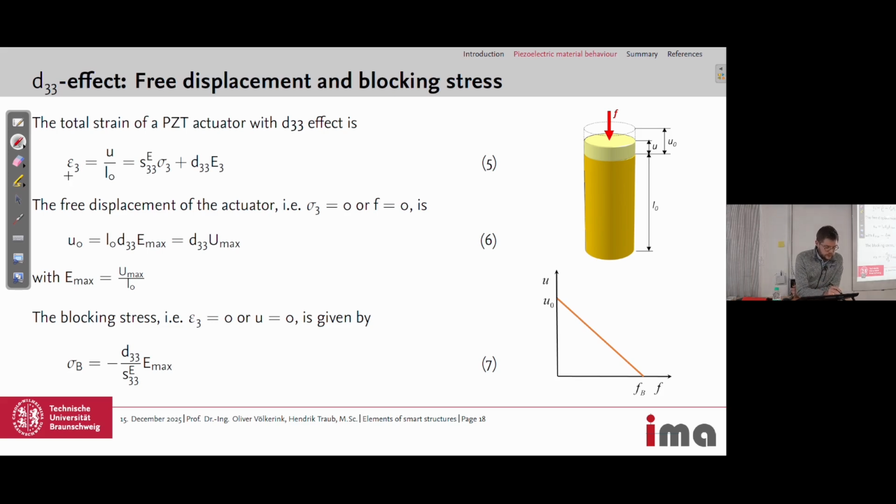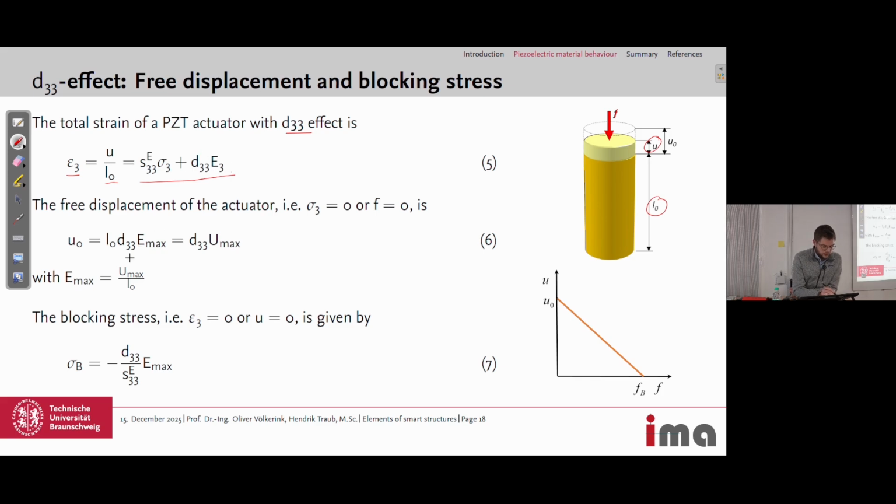We have the strain in three direction, which could also be expressed as the displacement u divided by the original or initial length L0 of the actuator. And we look at the D33 effect. So we have this equation again: compliance in three direction times stress in three direction plus D33 times E3.